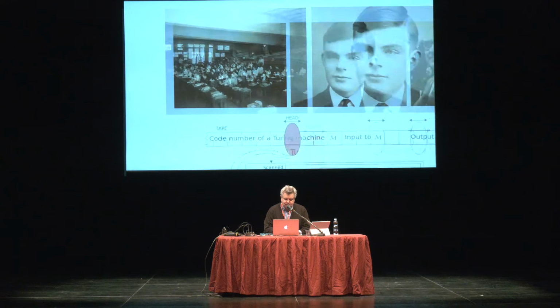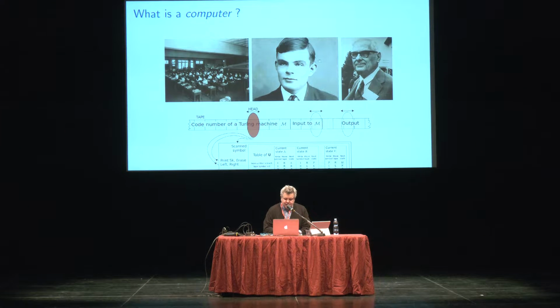So this is Alan Turing, and Alan Turing started by creating a kind of theoretical computer. At that time, there were computers, but there were human computers and also mechanical computers. But these computers were only able to do a particular kind of computation.